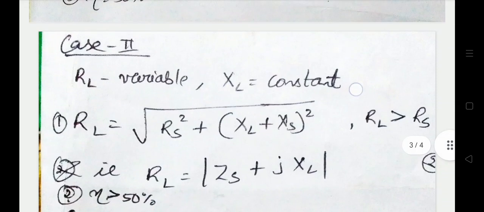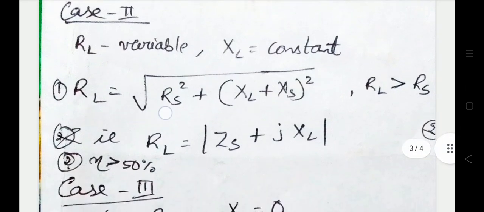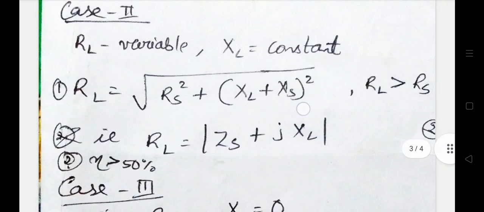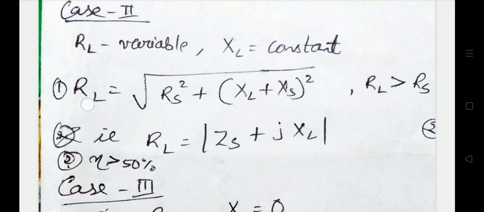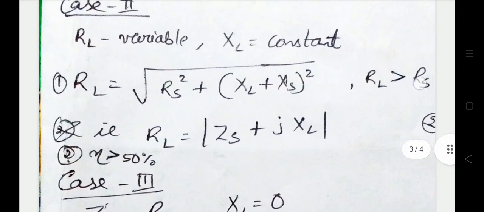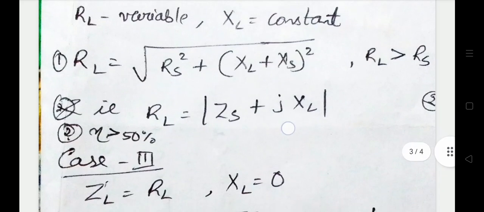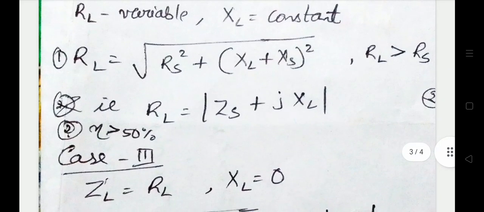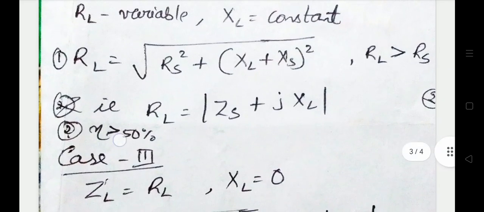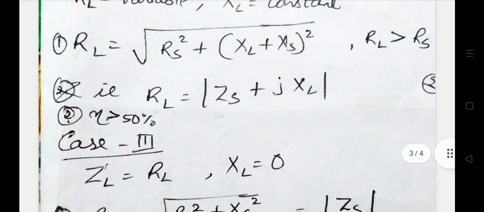In this case, RL is equal to root of RS square plus (XL plus XS) the whole square. That means the RL value will be greater than the RS value. Also RL can be written as the modulus value of ZS plus JXL. Since RL is greater than RS, the efficiency will be greater than 50%.